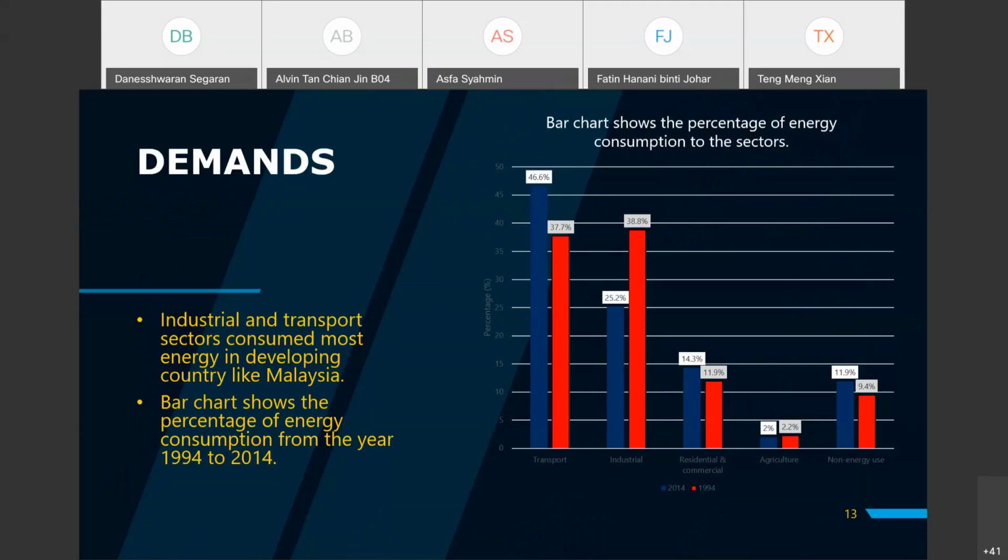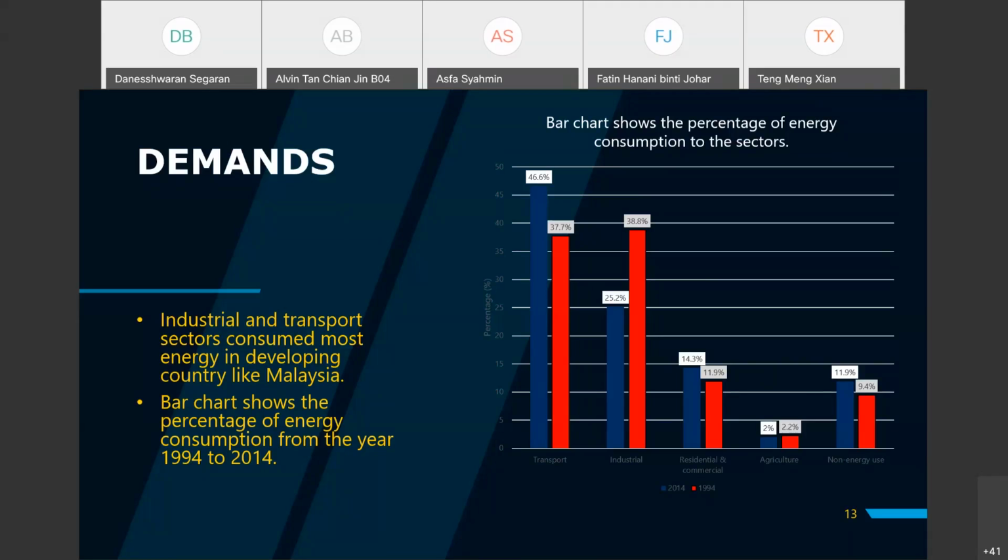Here, we can see the bar chart comparing between 1994 and 2014. In the year 2014, transport recorded the highest percentage of energy consumption, 46.6%, compared to 1994, which only used about 37.7%. So as a developing country, the usage of cars or any transport materials also increases.